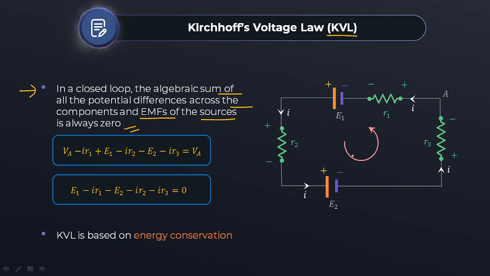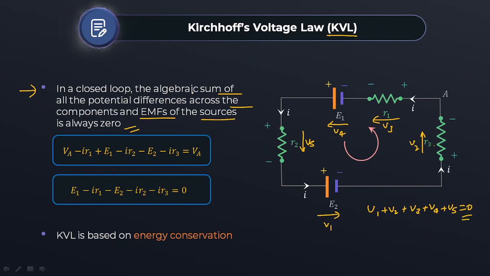Means if we move throughout all the sources, let us say the potential drop across this one is V1, across this component is V2, V3, V4, V5. So if we add all of them, V1 plus V2 plus V3 plus V4 plus V5 will be equal to 0. This is what it is saying.